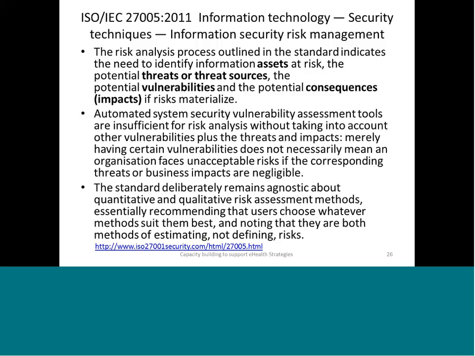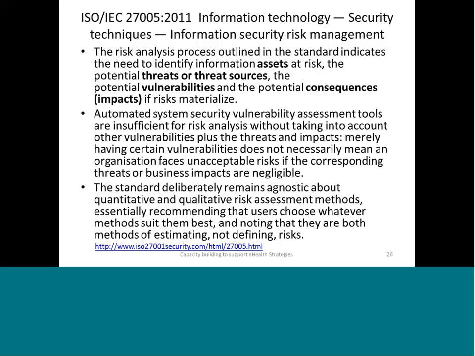And I think I'd also draw your attention to the second part of the second bullet. Merely having certain vulnerabilities does not necessarily mean an organisation faces unacceptable risks if the corresponding threats or business impacts are negligible.